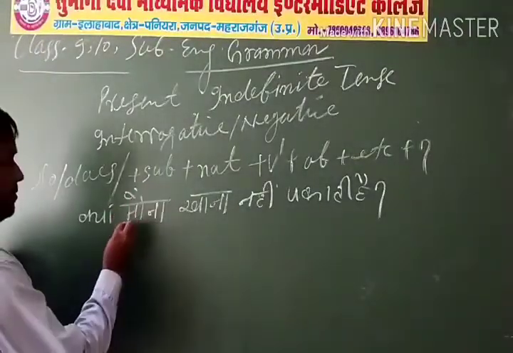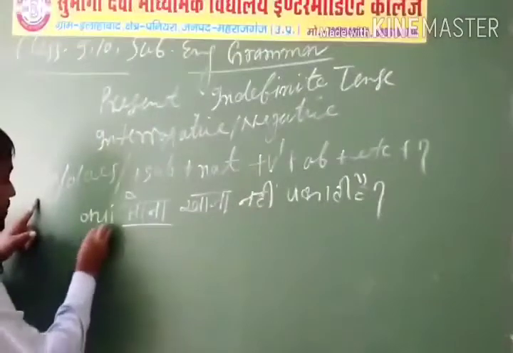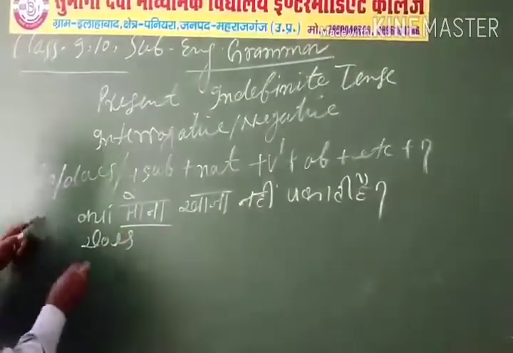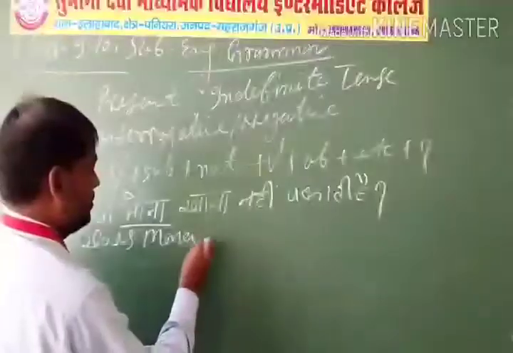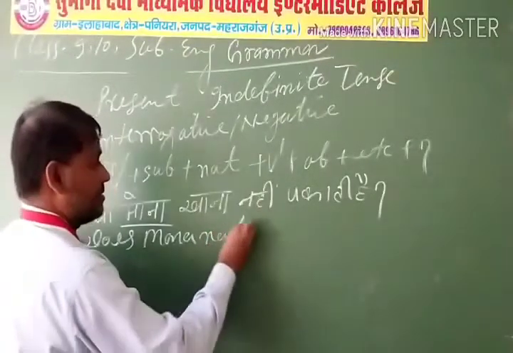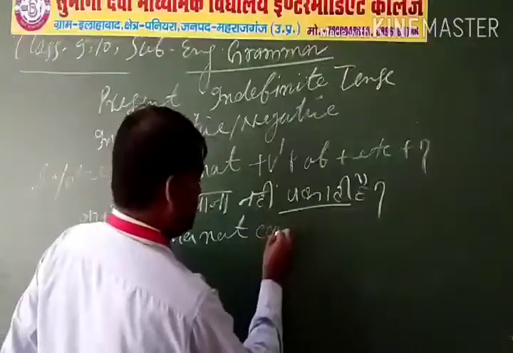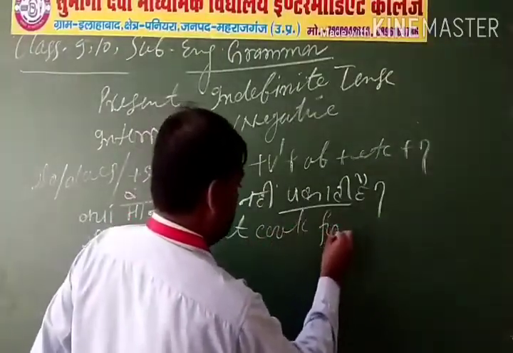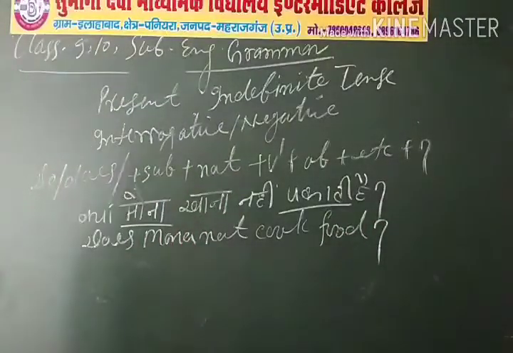Here the subject is singular, then first of all we have to write the auxiliary verb does, and after then subject, after then not, after then the verb's first form, object. Does Mona not cook food?